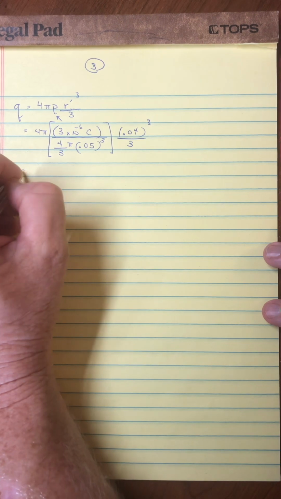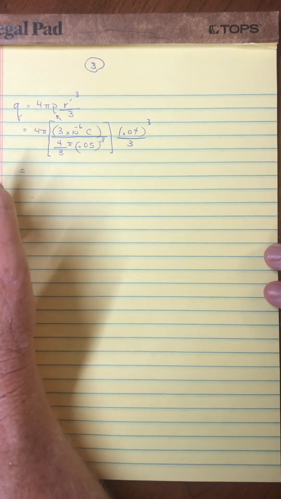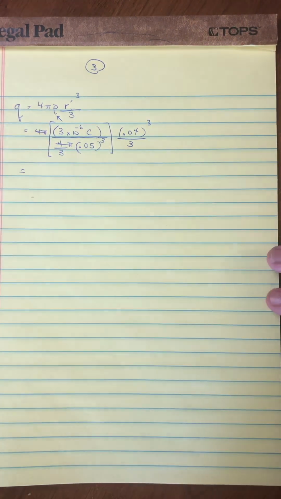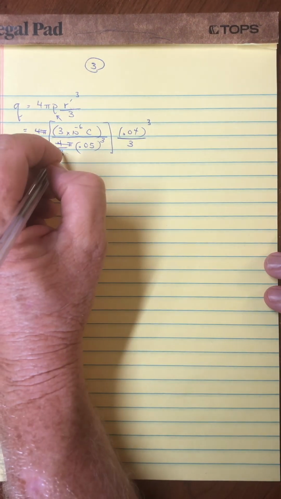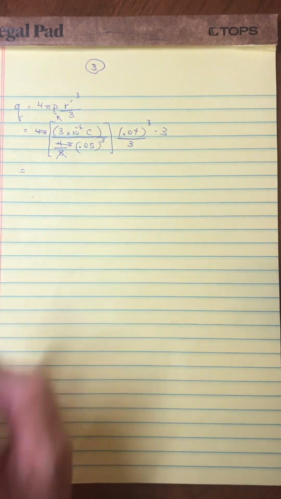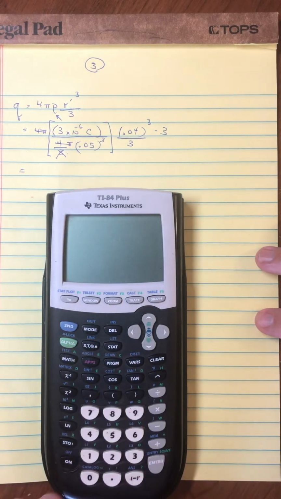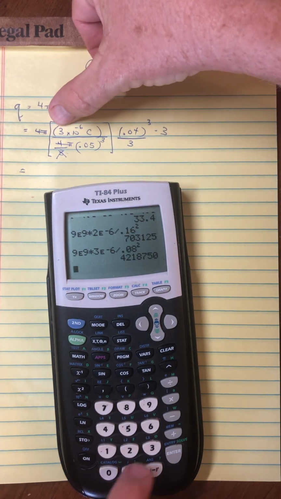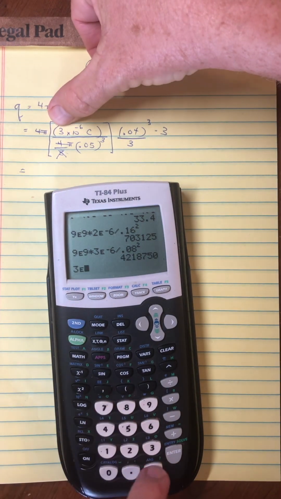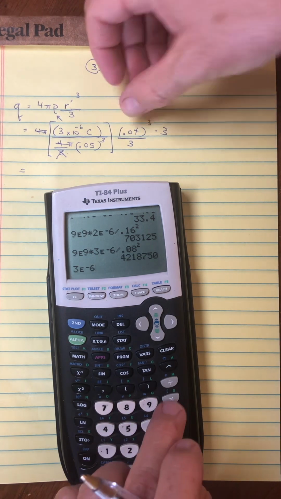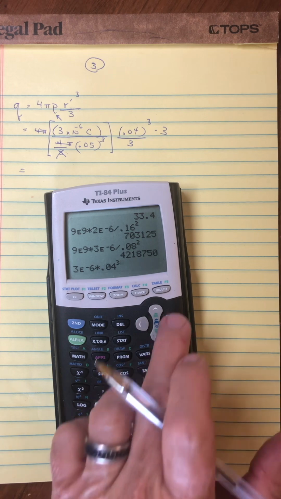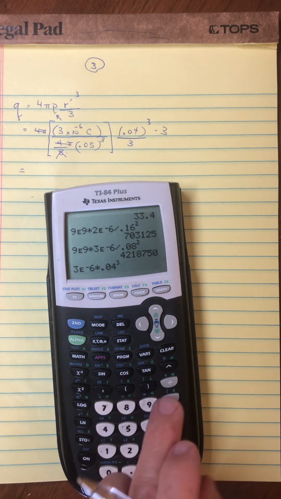Okay. And it looks like I can save myself a little bit of calculator work if I cancel off the 4 pi's and I take that 3 and move it up to here. So across the top, I have 3 microcoulombs, and then I have 0.04 raised to a power of 3.